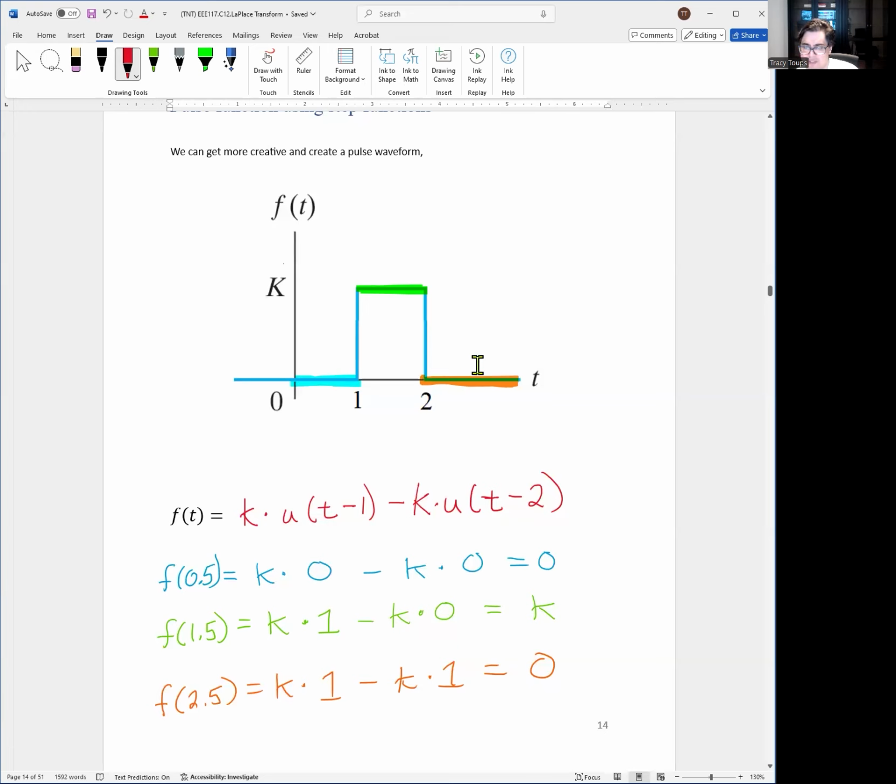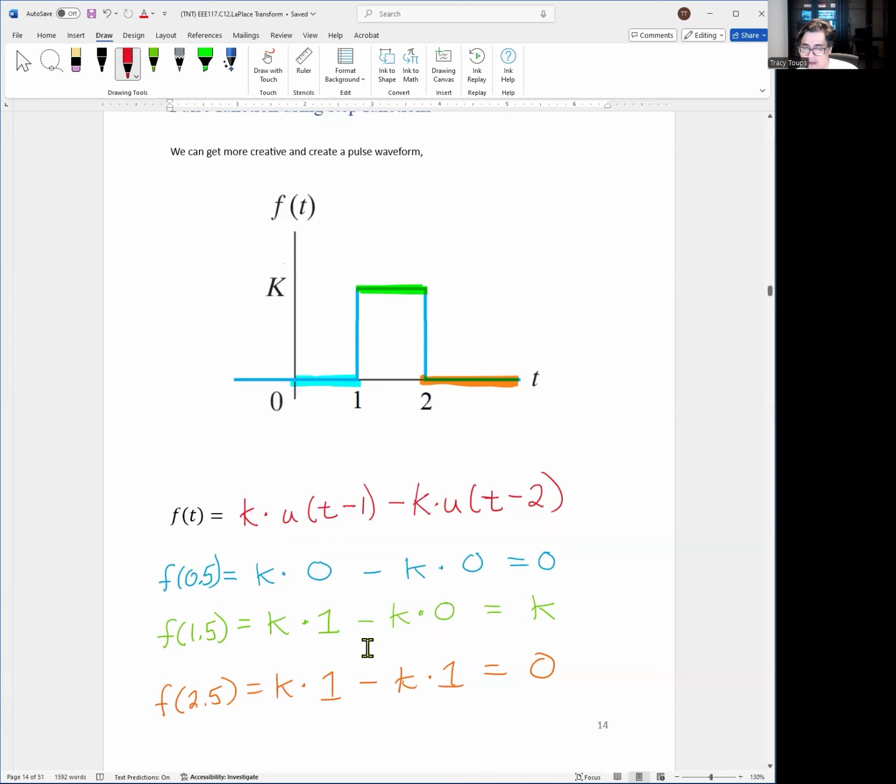And let's say down at 2.5, we have the orange part where we should be off. Let's analyze what our function is doing. So we have f equals 2.5. Let's plug in 2.5. Well, k times, so we bring the k over. We have u of t minus 1. So 2.5 minus 1 is 1.5. That's greater than 0, so we have a positive 1.